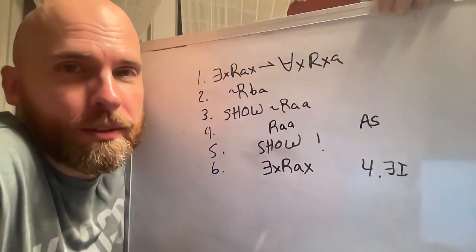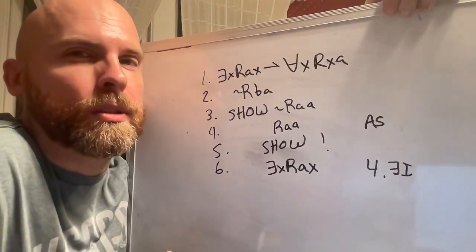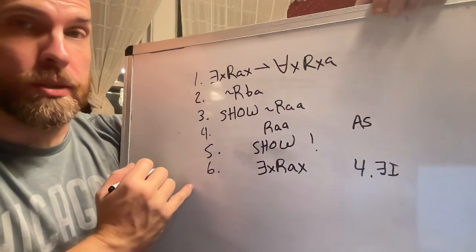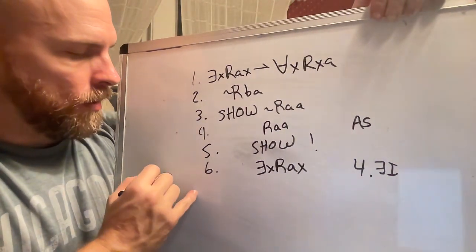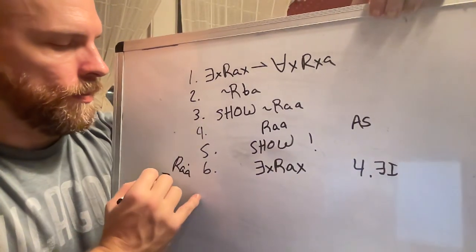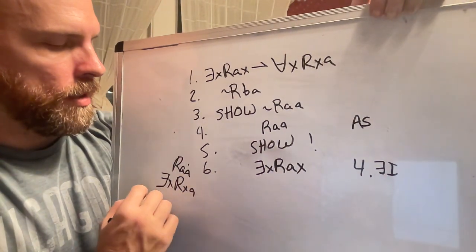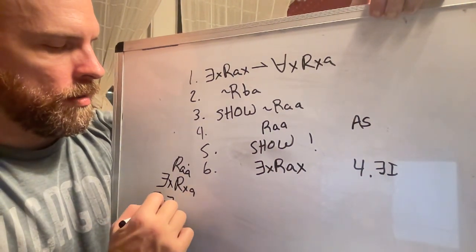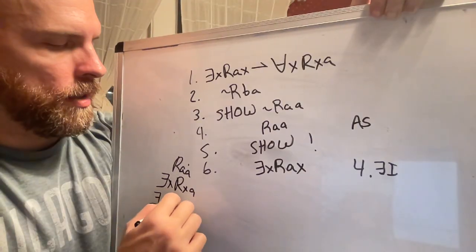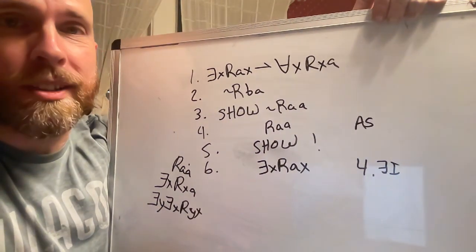I don't have to do all of the constants at once when I'm instantiating. It is totally up to me. If I have something of the form RAA, I can just infer RXA, and I'm free to do that.